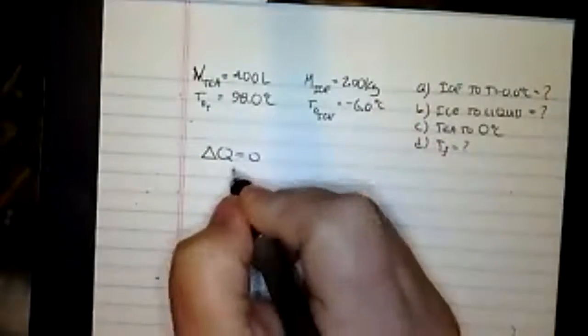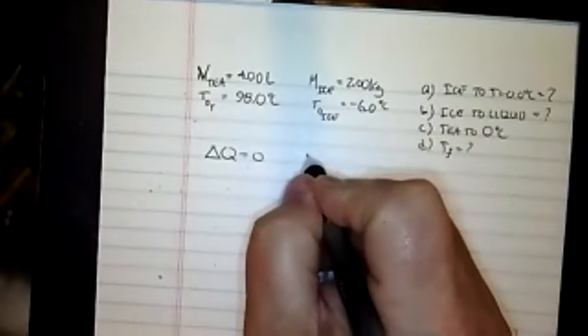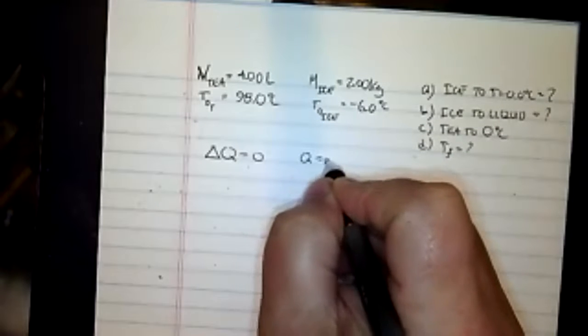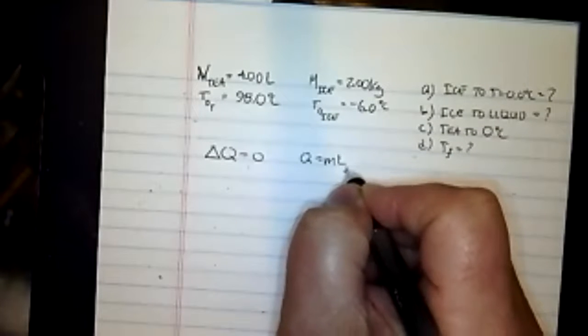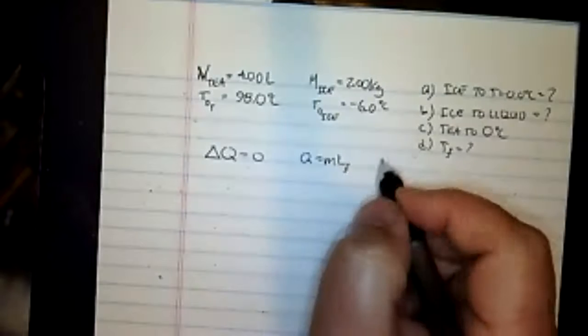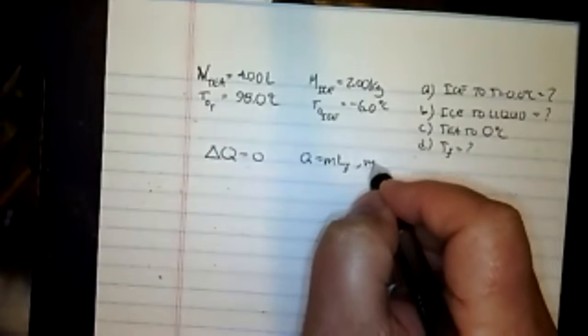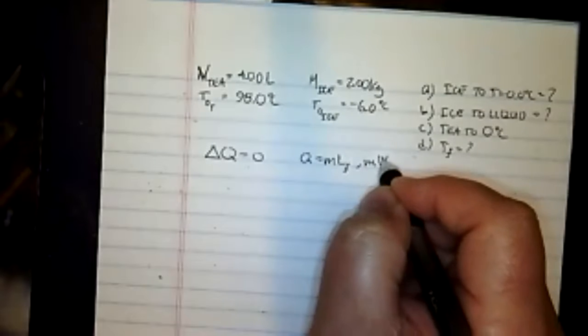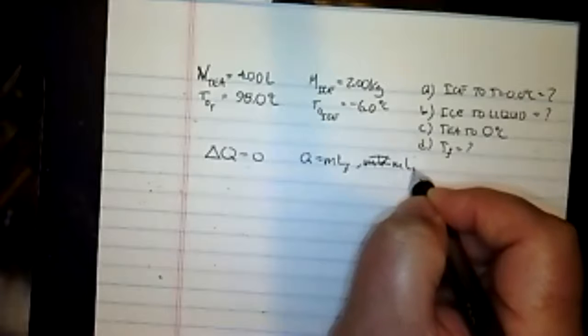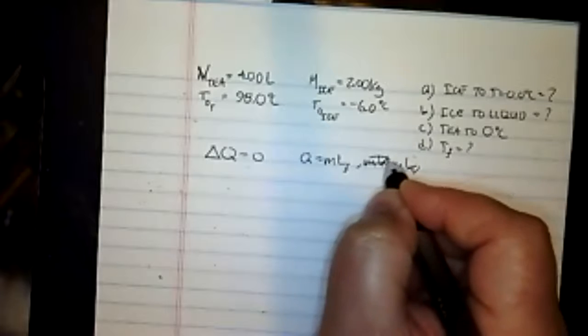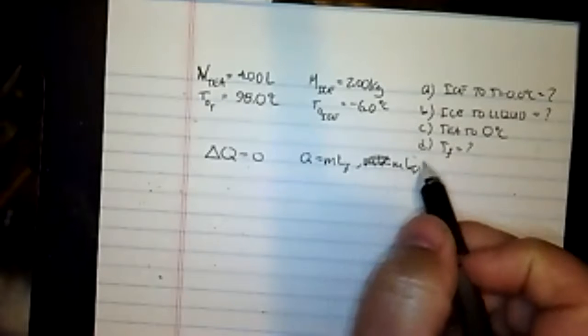The problem with that is when you use phrases like Q equals ML for the heat of vaporization, or MLV, excuse me, MLV for heat of vaporization, MLF for heat of fusion, and so on, sometimes students get a little confused as to which one's a positive and which one's a negative.